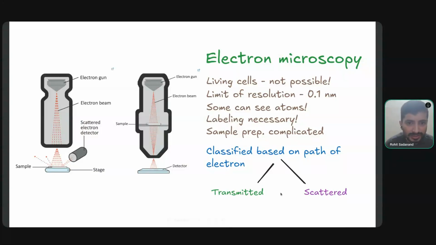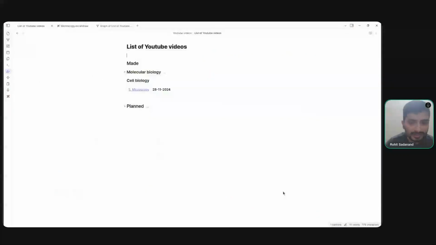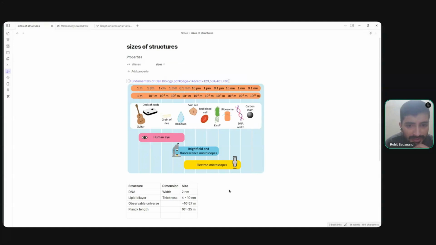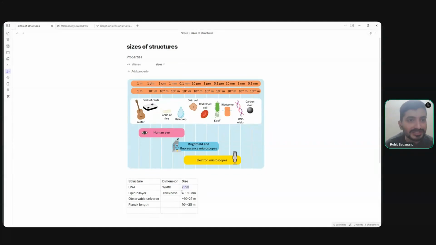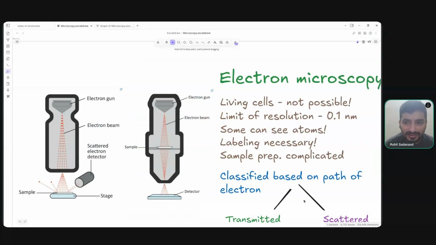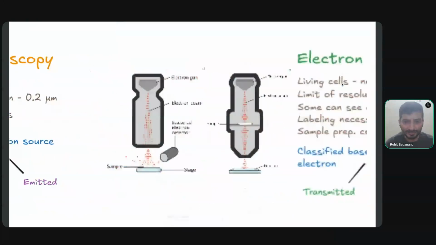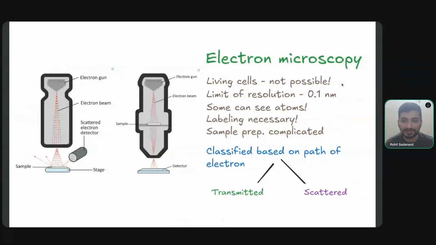So let me just double check that. Yeah, so DNA is actually 2 nanometers. So we can visualize the entirety of the width of the DNA by just using an electron microscope. So that is great, right?